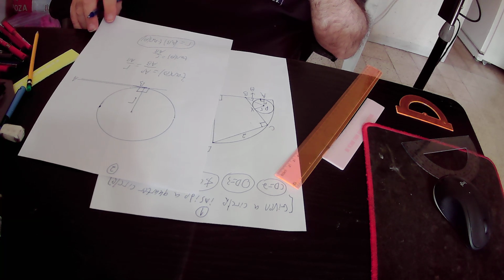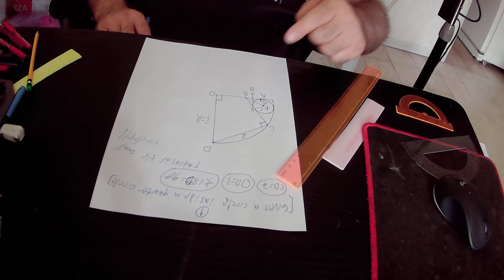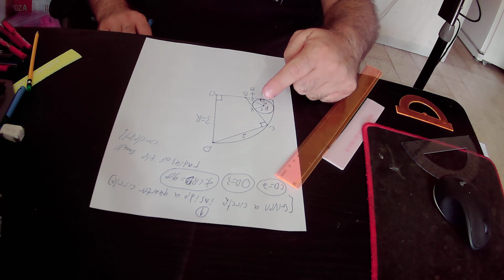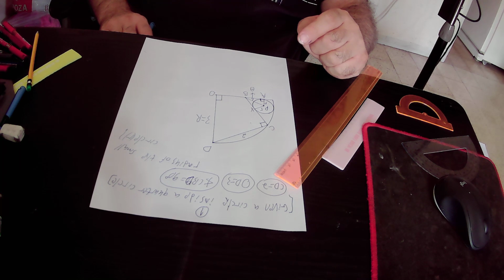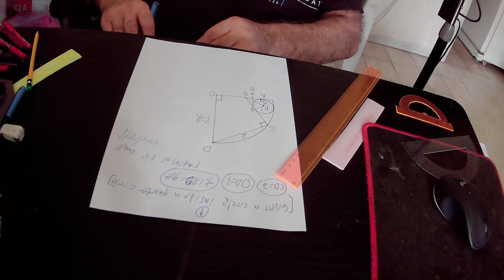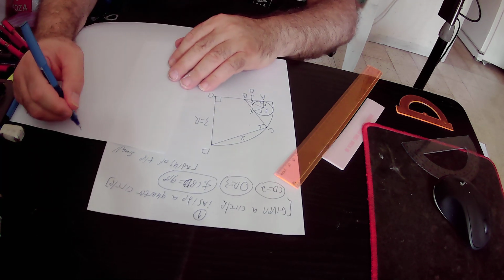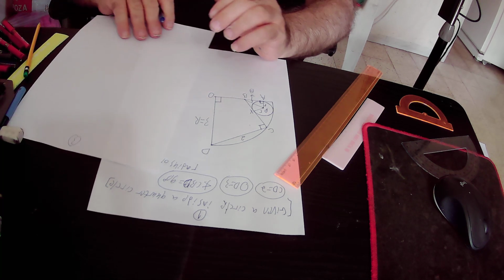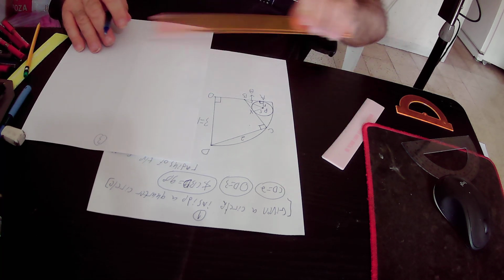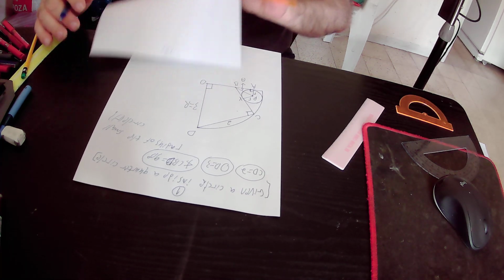So I will draw again triangle ABP and triangle PXB, and we will prove that those two triangles are congruent to each other.